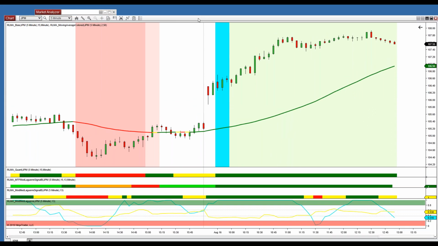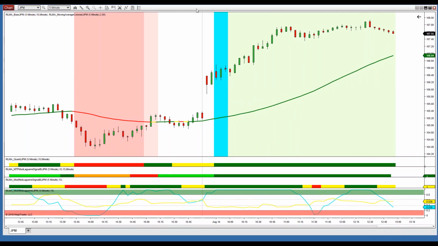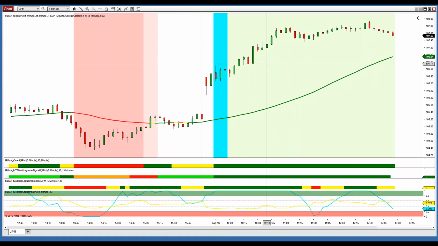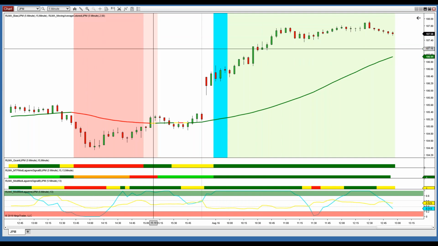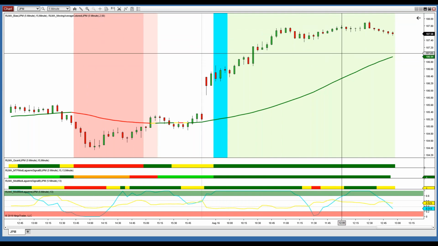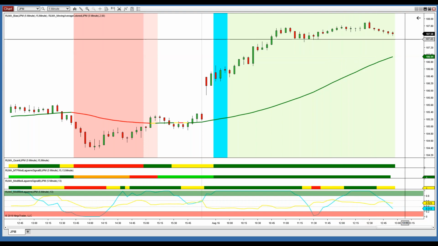There's almost enough software here to trade off of, but I just looked at JP Morgan, and I'll look at anything that you like. I have it set for a 5-minute. We can set it for a 2-minute. We can look at Apple. We can look at Amazon. It's really irrelevant. But I want to show you what we're looking at in order to get you a great entry.